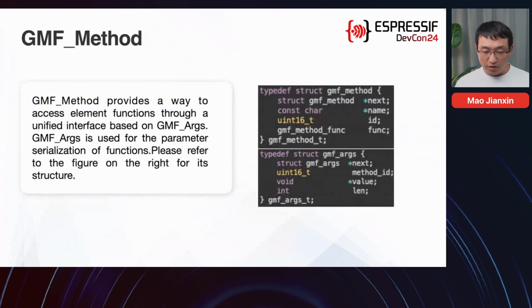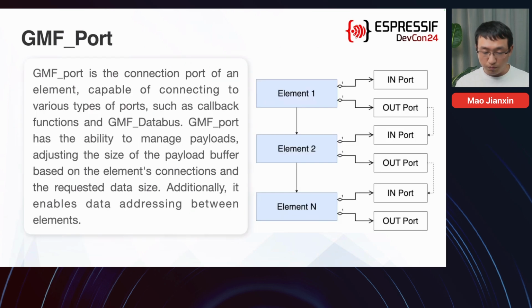GMF method provides a way to access element functions through a unified interface based on GMF args. GMF args is used for the parameter serialization of functions. Please refer to the figure on the right for its structure. GMF port is a connection port of an element capable of connecting to various types of ports, such as callback function and the GMF databus.